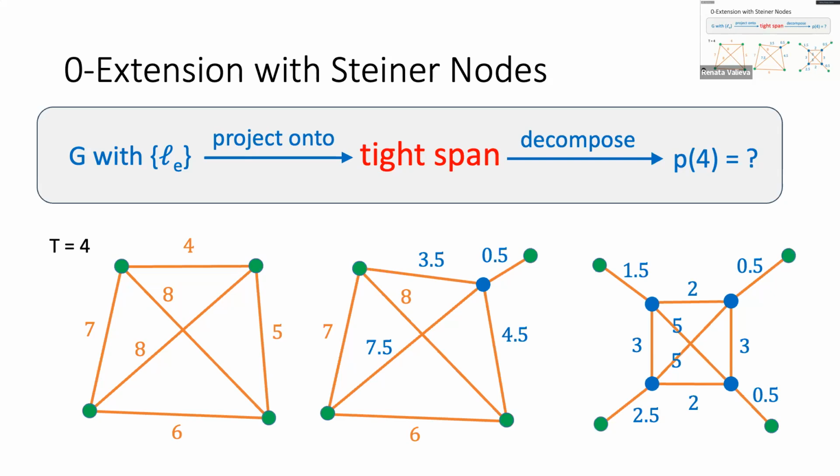It's a square with sides like this, and the distance to the diagonals is 5. It has to be this case: the 5 needs to be the sum of 2s. But what happens here is that this is actually a 2-dimensional tight span space.